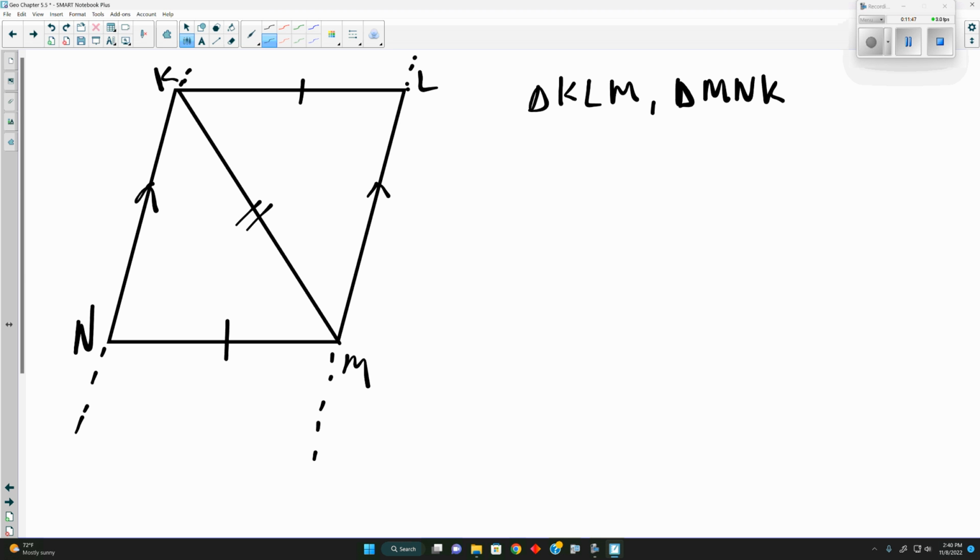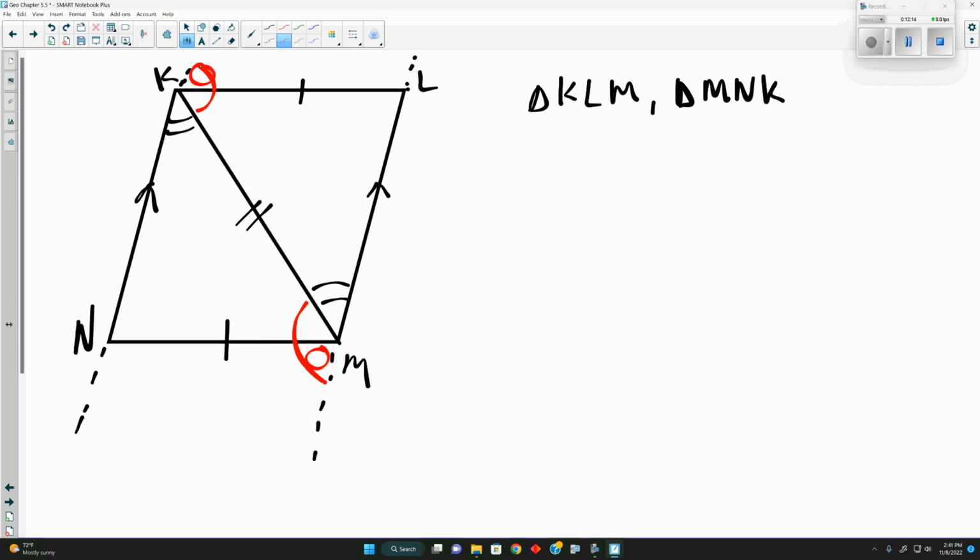And these two angles here are going to be considered alternate interior angles because they're in between the parallel lines and on opposite sides of the transversal. We can't include the other lines. We can't include these here because part of the angle is outside of the shape. Those would not be alternate interior because it's not the whole angle.